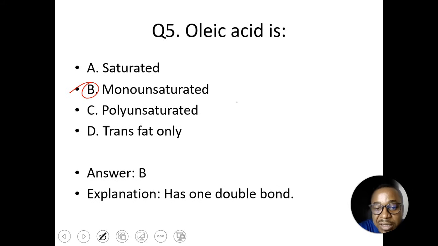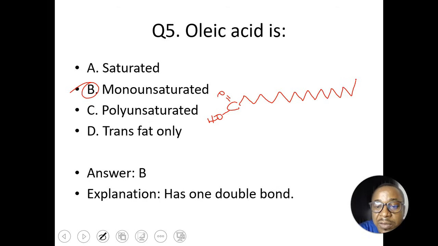So if you have the fatty acid like this, we count 1, 2, 3, up to 18. So we have 18 carbon atoms.